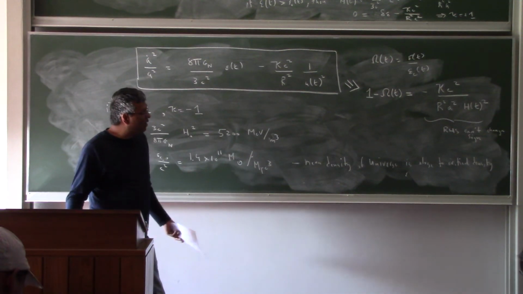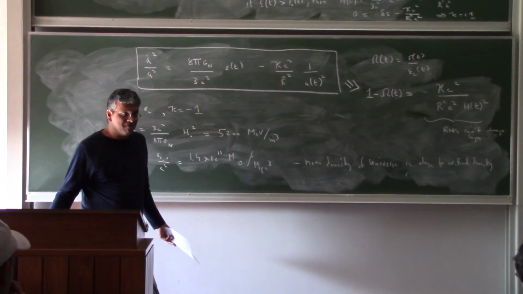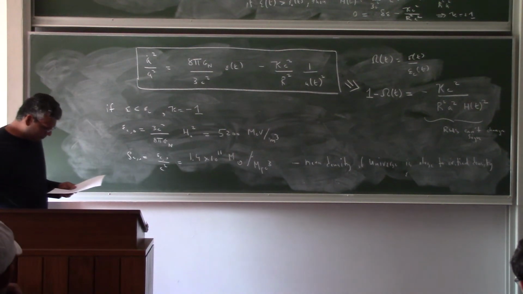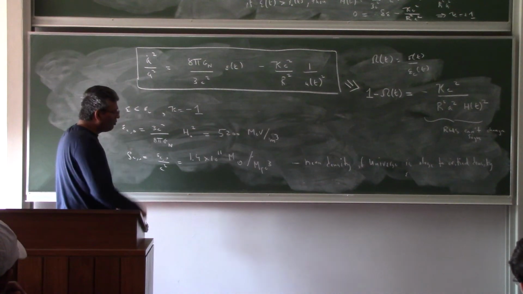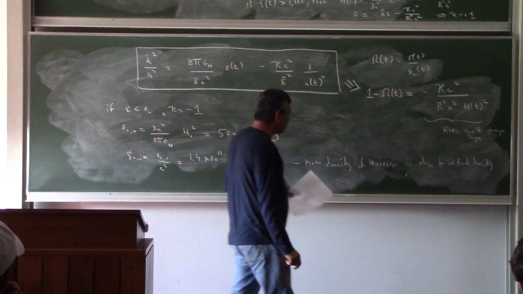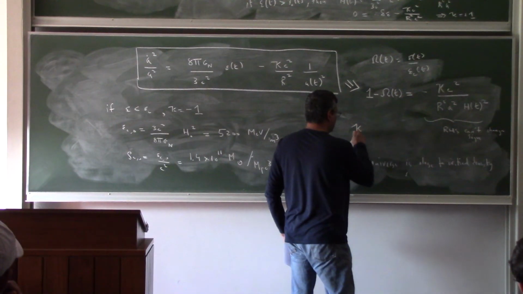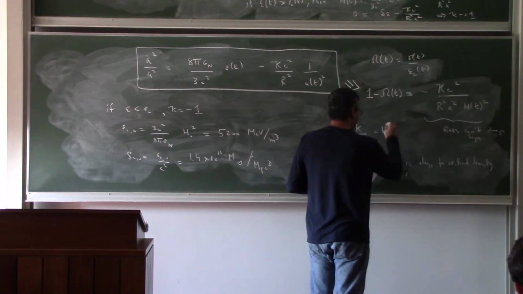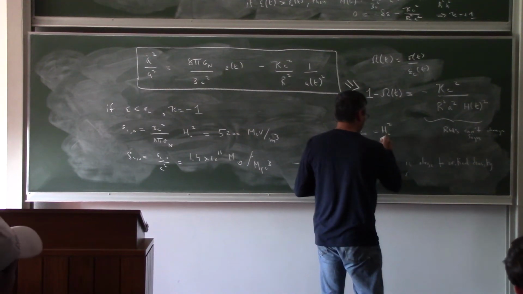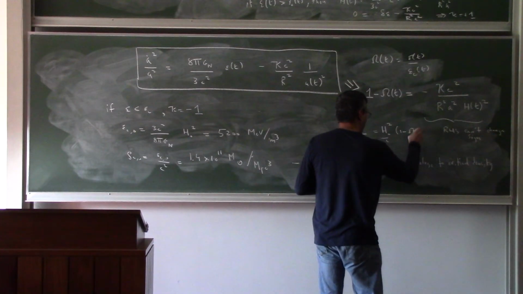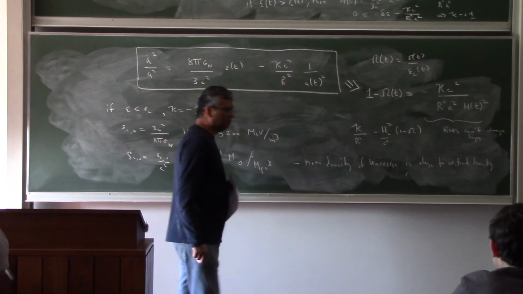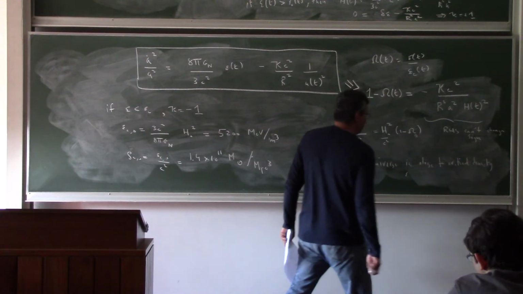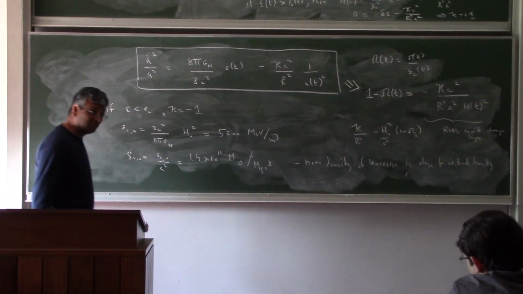Either omega is bigger than 1 or omega is less than 1 for all time. So today, kappa over r squared equals H0 squared over c squared times 1 minus omega. Again, if you measure omega today, omega 0, you find something very, very close to 1.